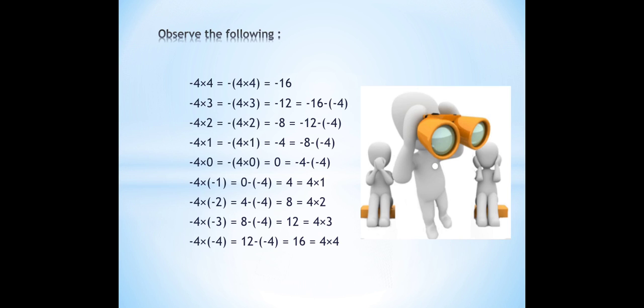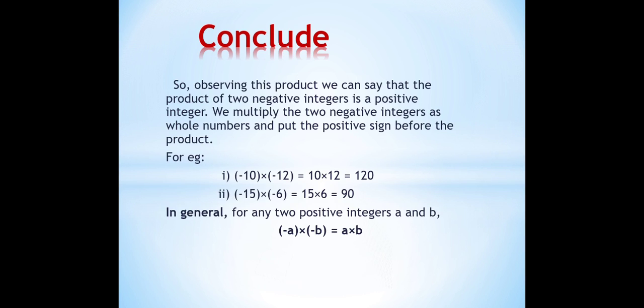That means it's better to write nothing when the integer is positive. But when it's negative, we write minus, but when it's positive, we preferably do not write it. So similarly, minus 4 into minus 2, which we get 8, which is the same as the result of 4 into 2. So what can we conclude student?